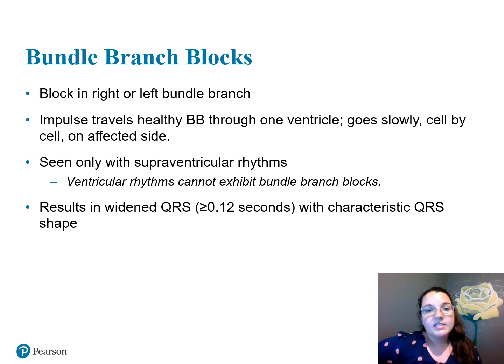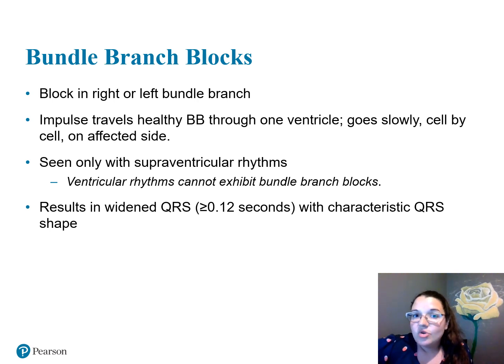Okay, so a bundle branch block is a block in the right or left bundle branch. The impulse travels. We're talking about your conduction system. It's going to travel through a healthy bundle branch, BB, through one ventricle, and it goes slowly, cell by cell, on the affected side. It is seen only with a supraventricular rhythm, SVT.